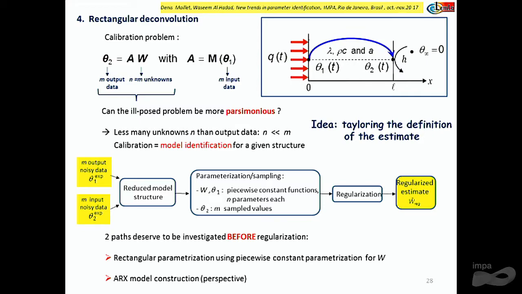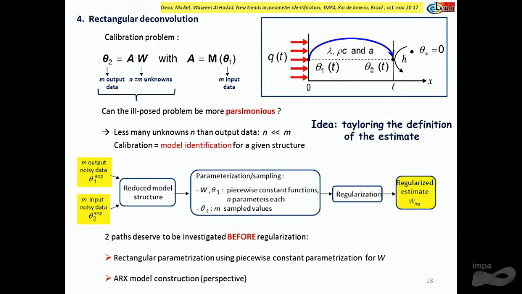What we did up to now, we have the same number of unknowns as measurements, and so we are very greedy. Is it possible to be more parsimonious? If you are more parsimonious, maybe it would be easier to estimate the data. So we will use a parametrization of the transfer function.